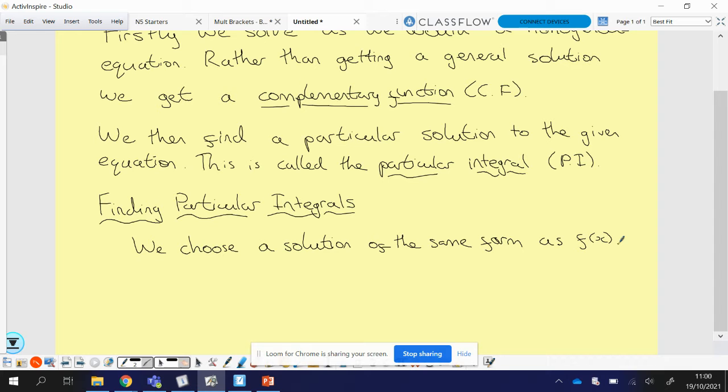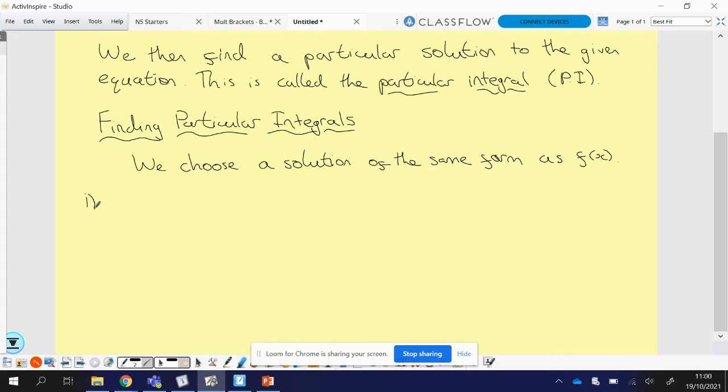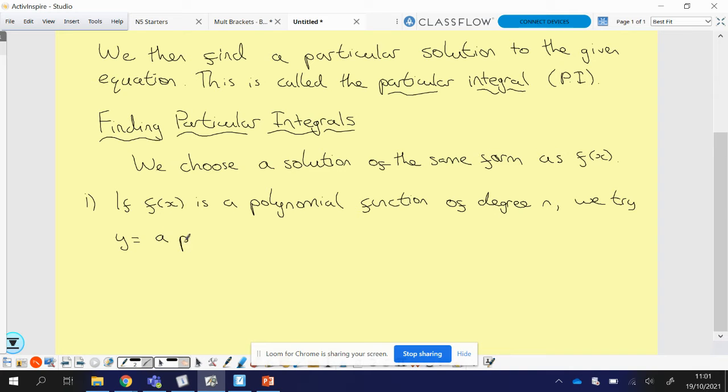So there are a few cases to consider. Let's look at the first case. If f of x is a polynomial function of degree n, then what we do is we try to make our function y equal a polynomial of degree n.